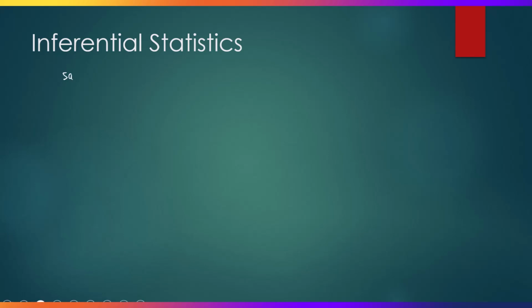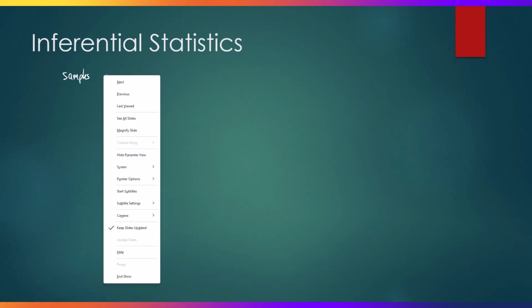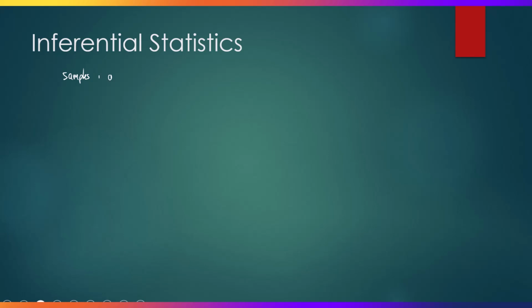So here we're going to start looking at samples and making some educated guesses or inferences. The goal in statistics is to figure out what's happening with the population.